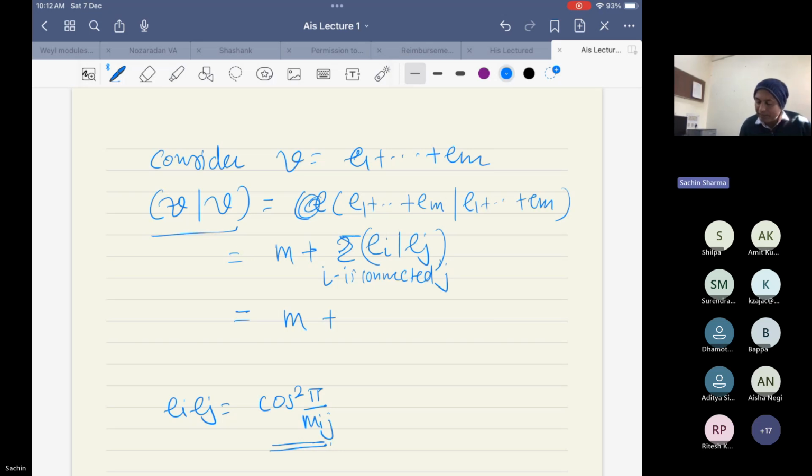No, EI EJ is always negative. What is that? Cos of pi by MIJ.